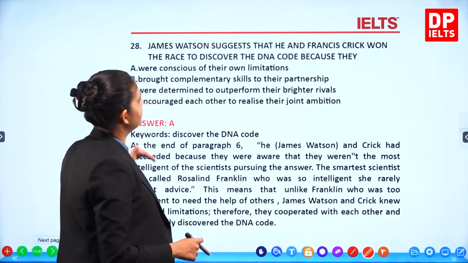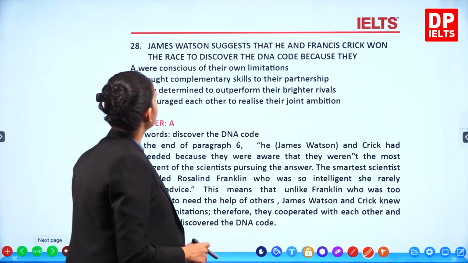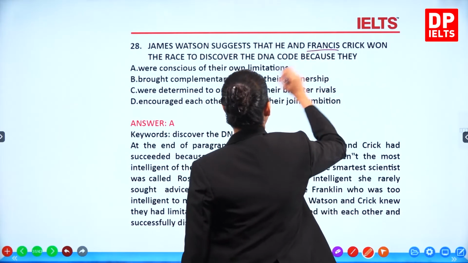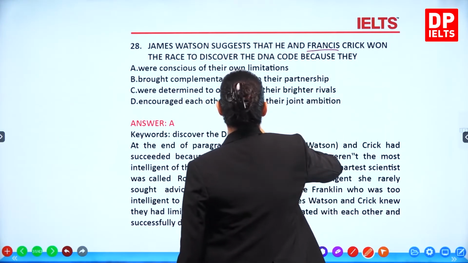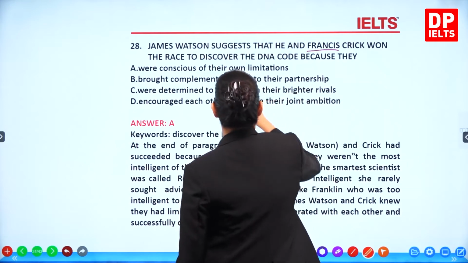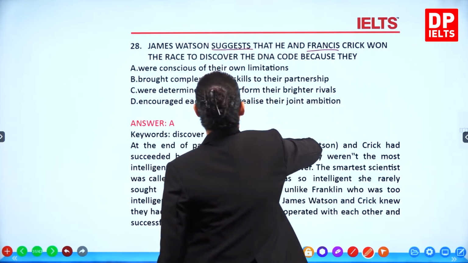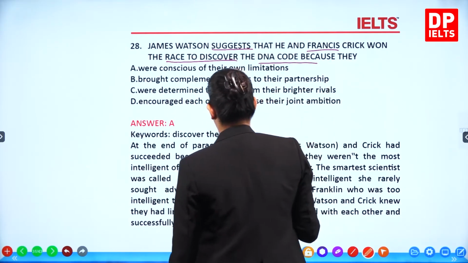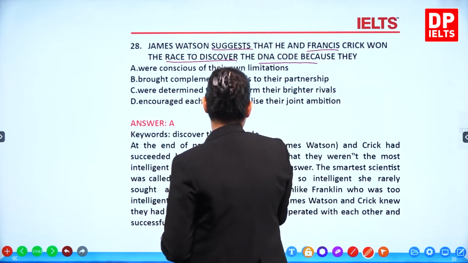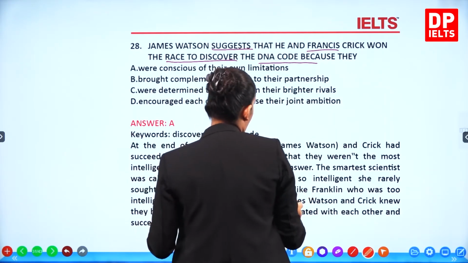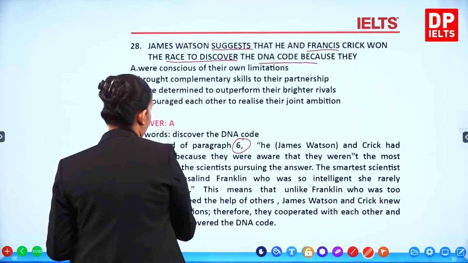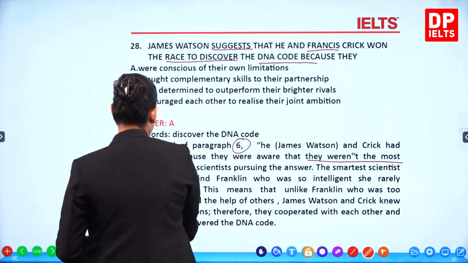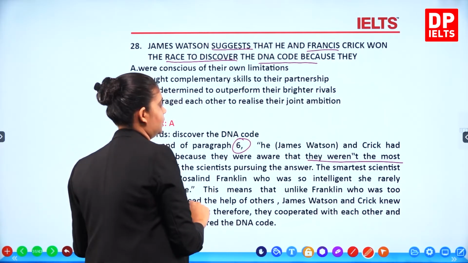So A, B, C and D are given here. James Watson suggests that he and Francis Crick won the race to discover the DNA code because they did what? So at the end of para 6, he, that is James Watson, and Crick had succeeded because they were aware that they weren't the most intelligent of the scientists pursuing the answer.